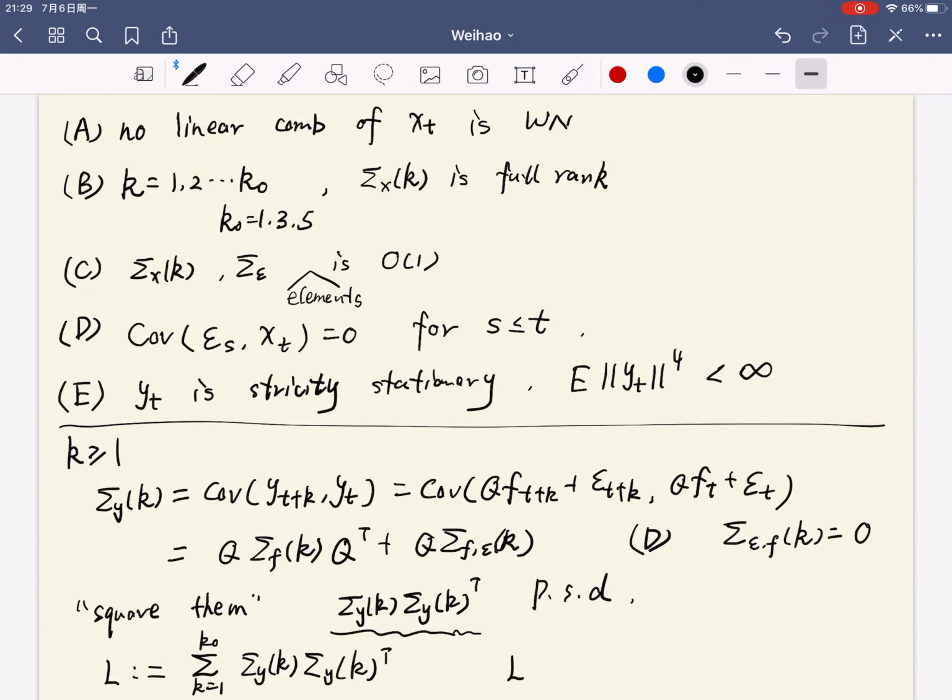This matrix L is also positive semi-definite and symmetric, which can provide some advantage for our estimation.